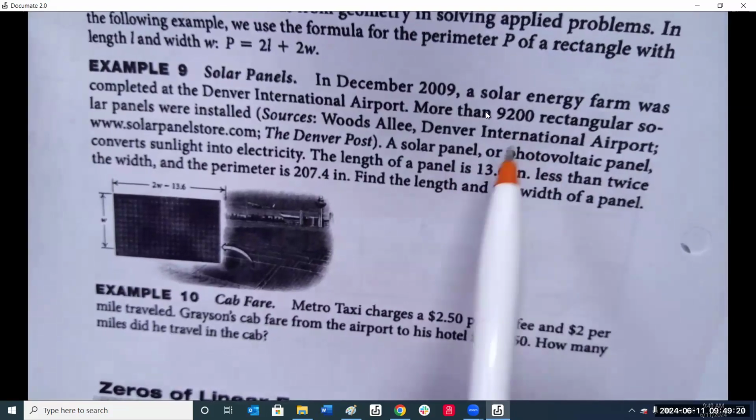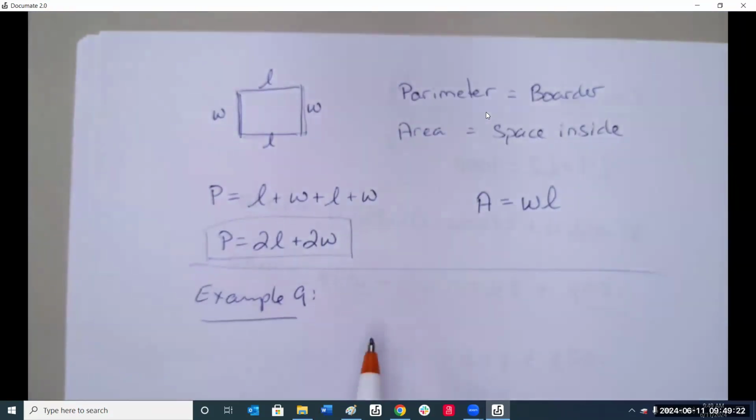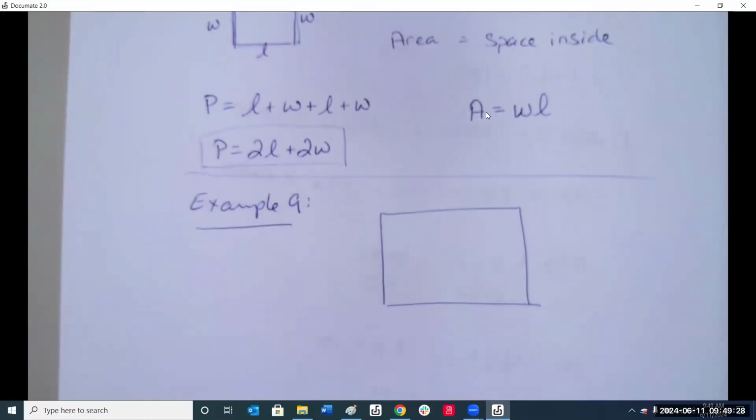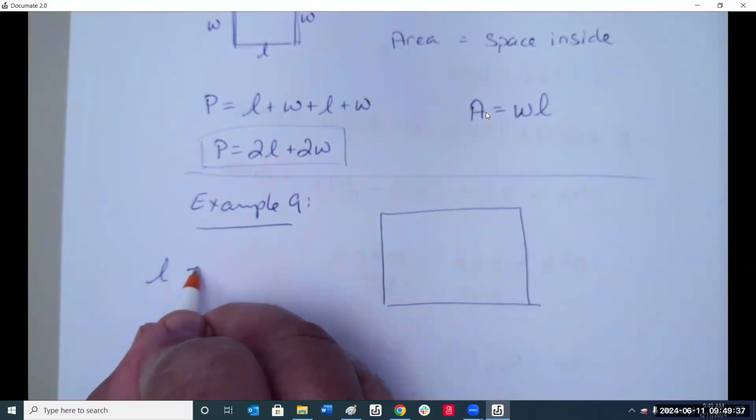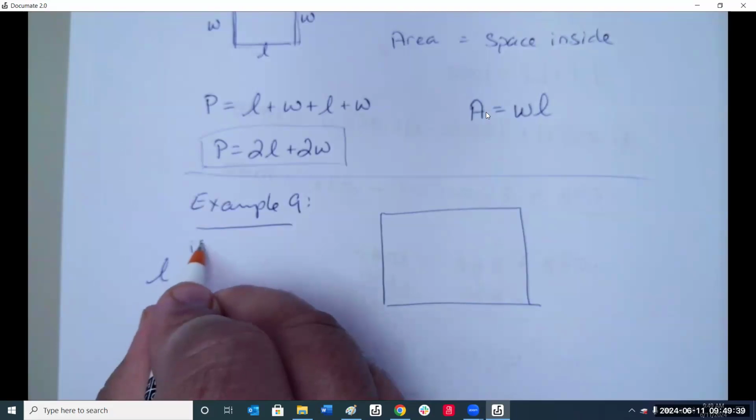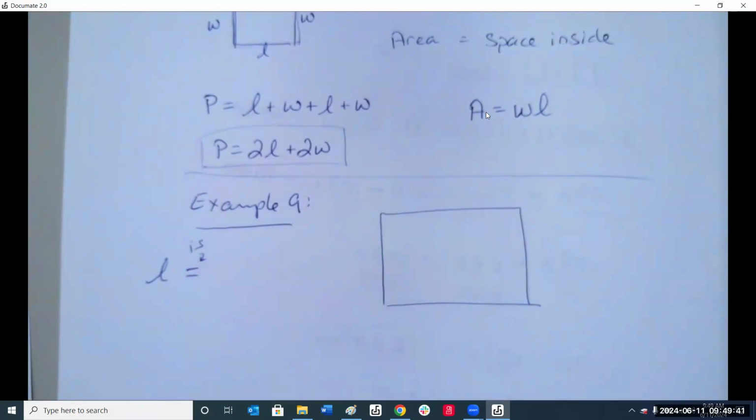So what do we have here? We have a solar panel. And it says the length of the panel is, the word is means equals, 13.6 inches less than twice the width.